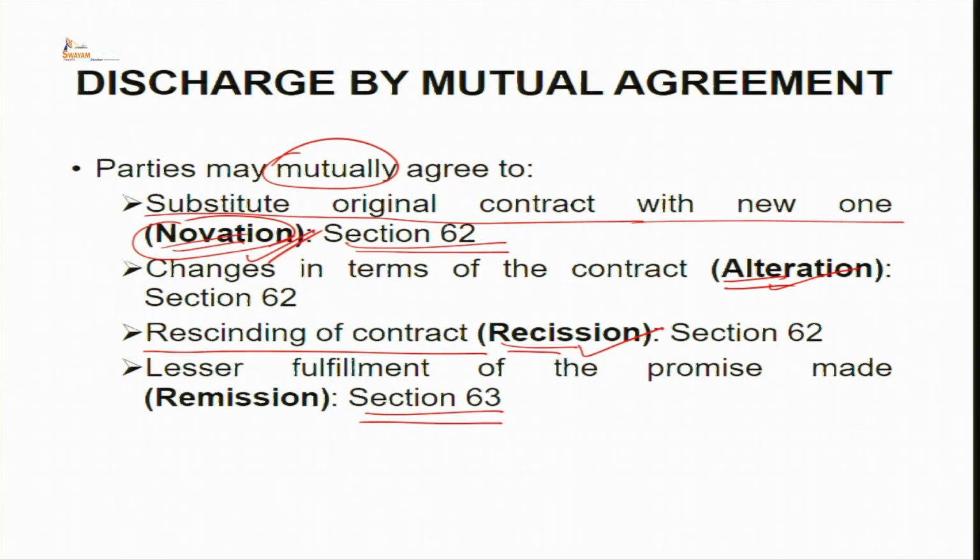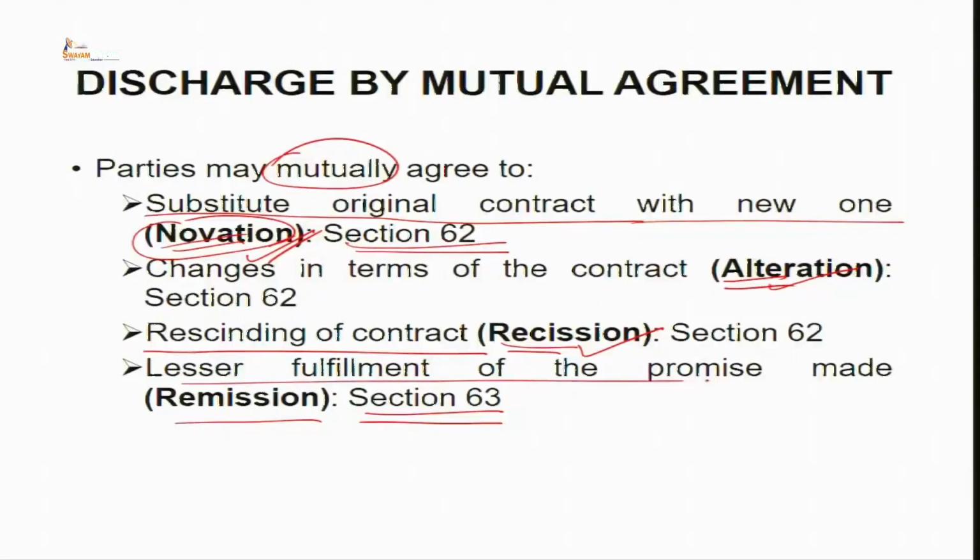I have utilized all my means possible, but I would not at all be in a position to give you that huge an amount on that due date. So I convey to you that, see, at max, if I use everything I have, I will be able to give you 6 lakhs.